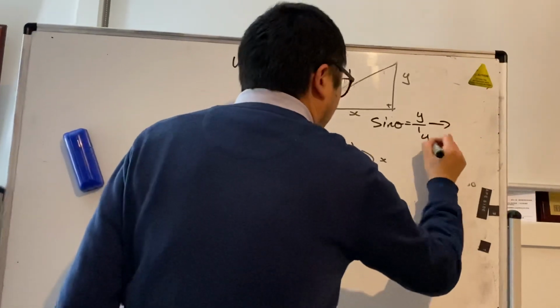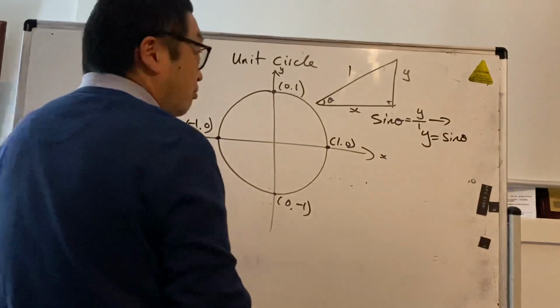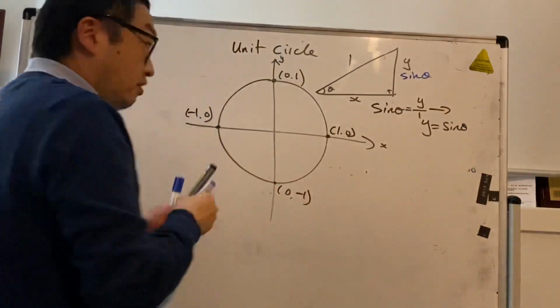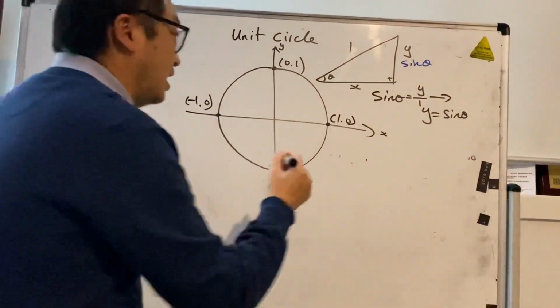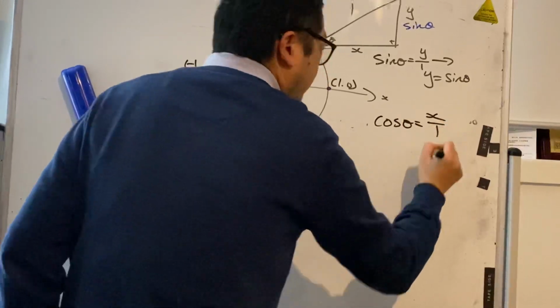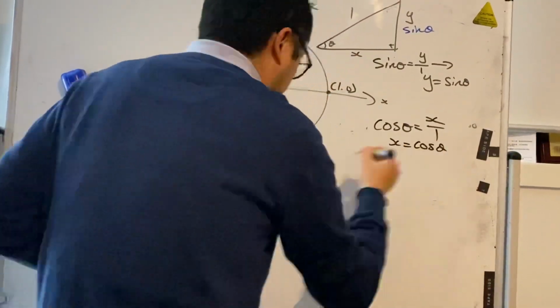Therefore, y is sine theta. So my vertical axis is represented as sine theta. For exactly the same reason, cos theta is adjacent over hypotenuse. Therefore, x equals cos theta.